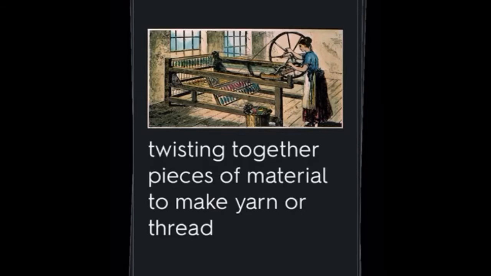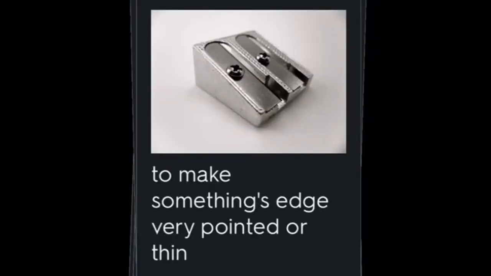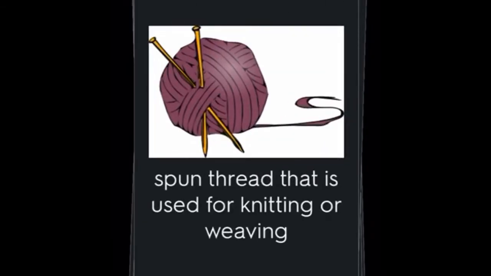She is spinning, twisting together pieces of material to make yarn or thread. Sharpening, to make something's edge very pointed or thin. Yarn, spun thread that is used for knitting or weaving.